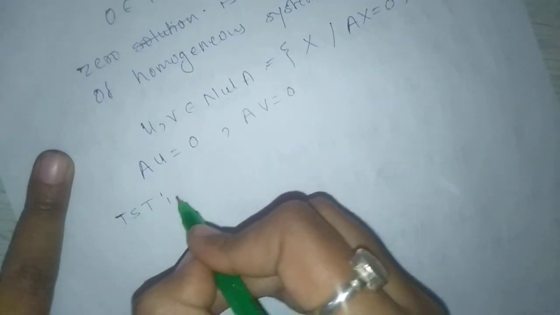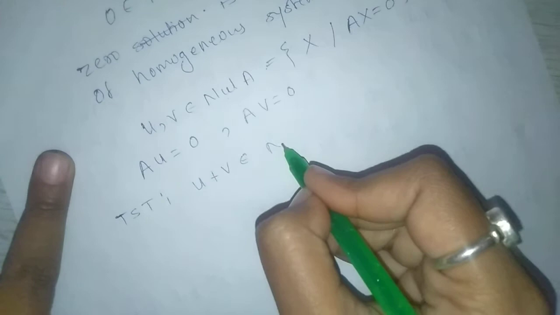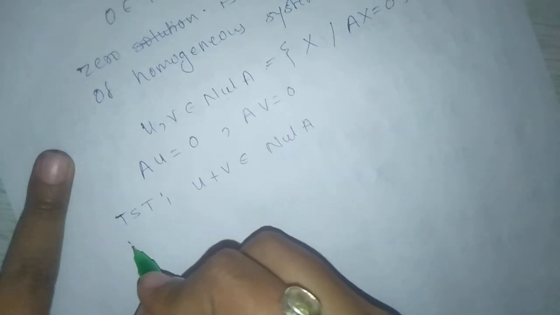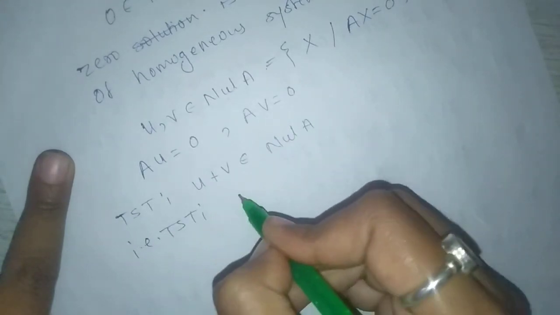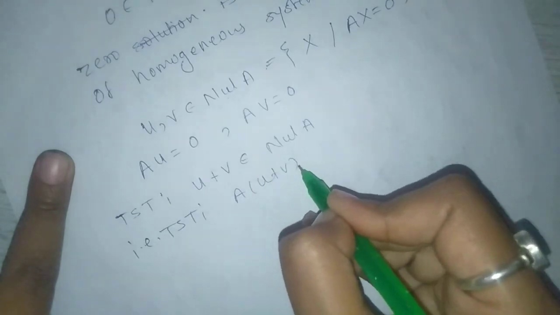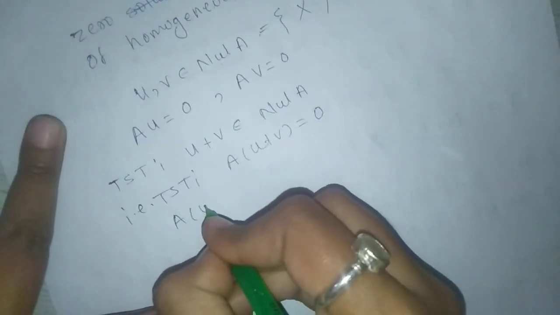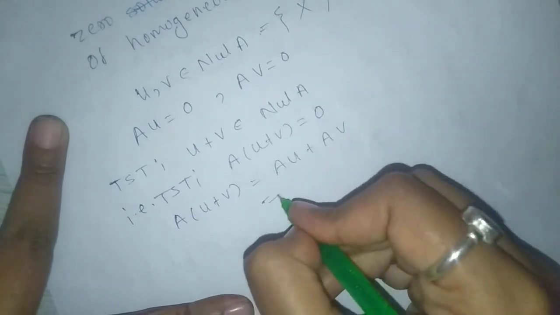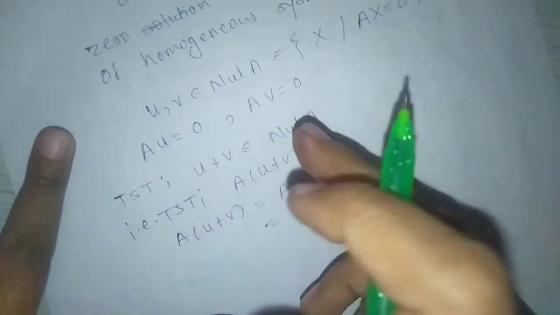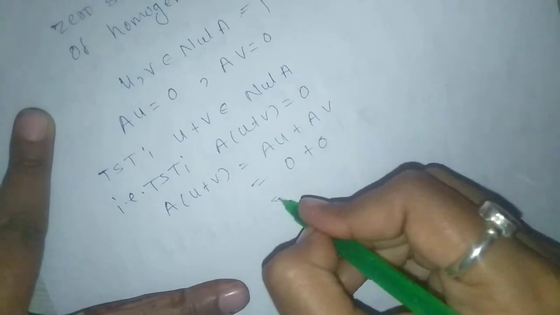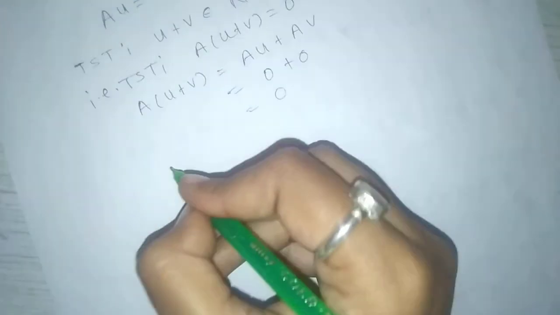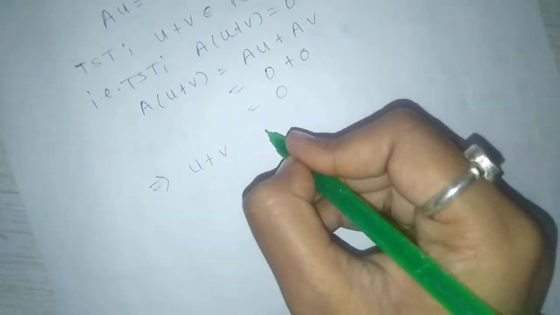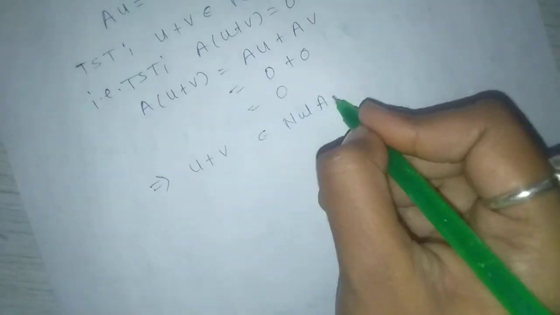Now to show that u plus v belongs to the null space of A, that is to show that A into u plus v equals 0. A into u plus v equals A u plus A v. We have A u equals 0, A v equals 0. 0 plus 0 is 0. Which implies u plus v belongs to the null space of A.